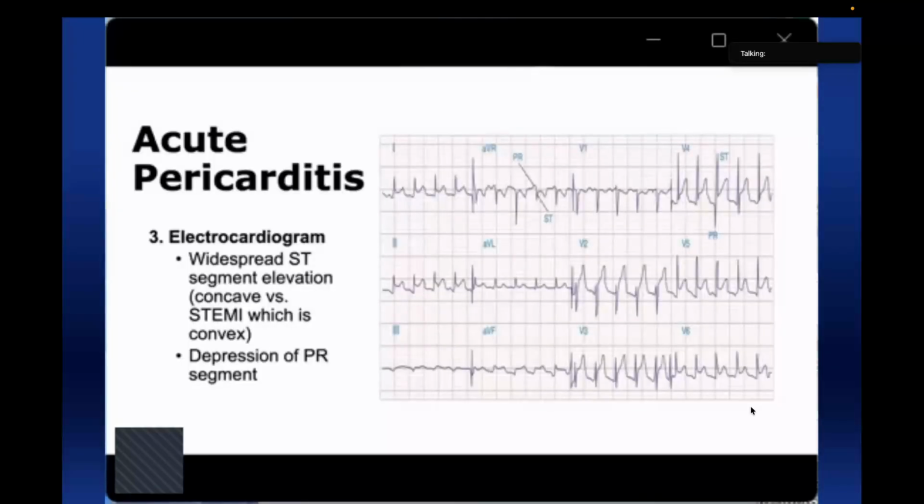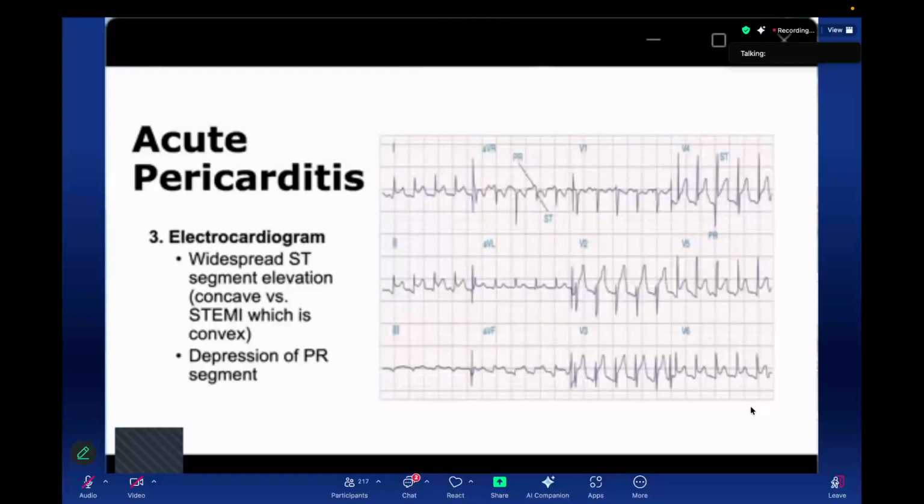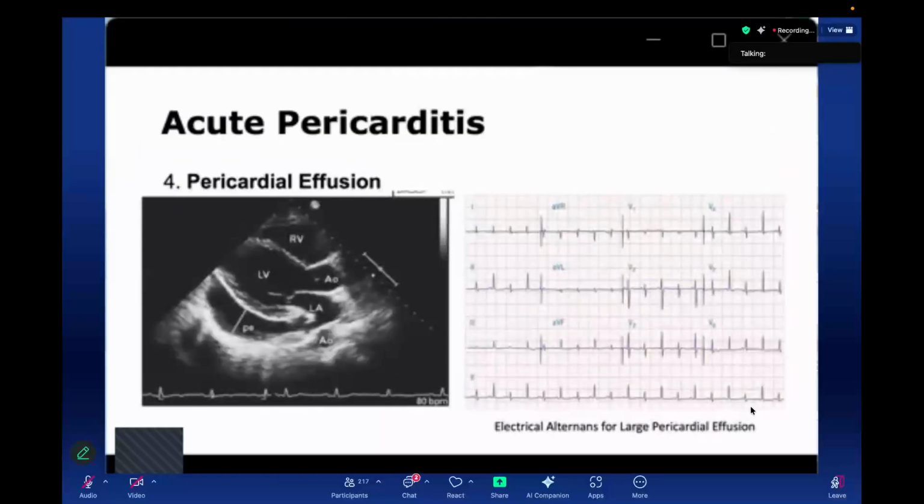And here, there is a depression now of your PR segment, as shown here in your aVR. There is a depression of your PR segment. So this is the classic finding for your acute pericarditis.